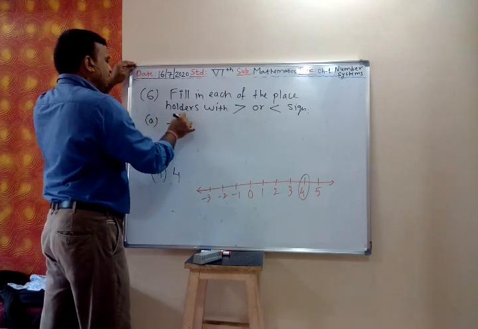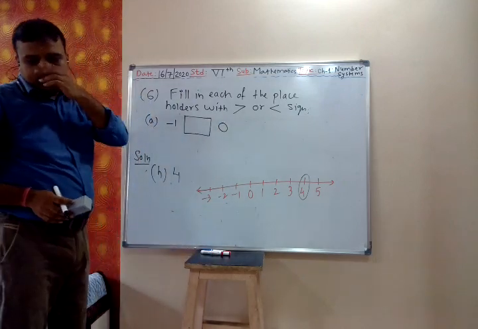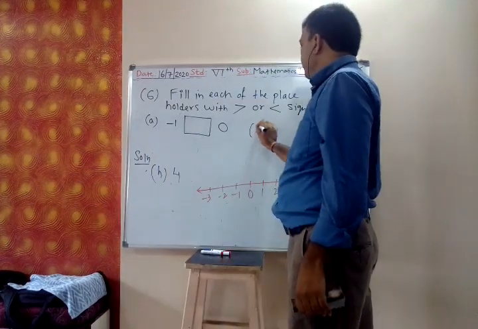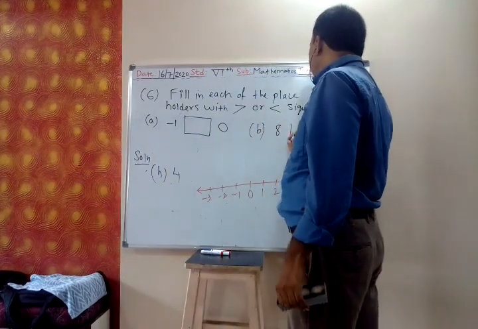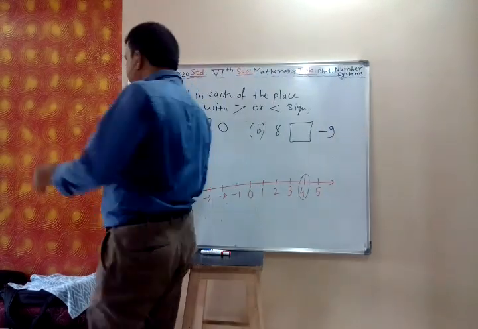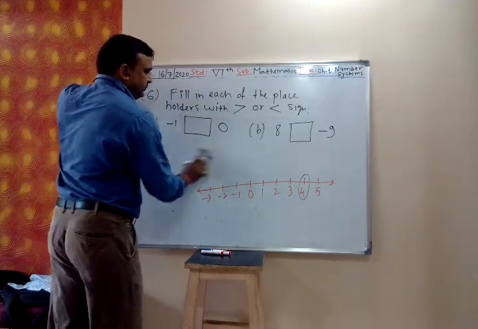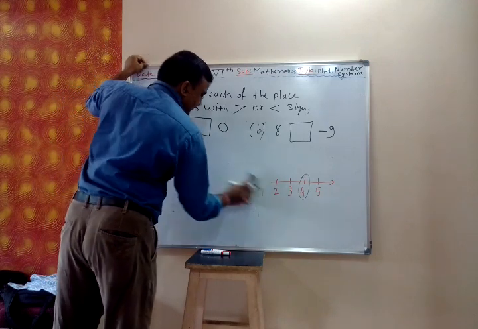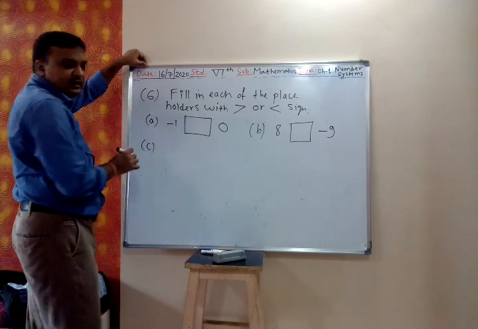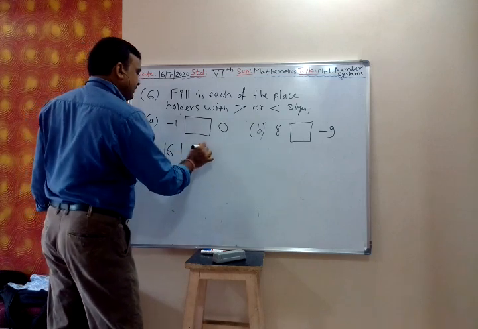Yes, -1. Then we are given 0. Then B part: 8 and -9. Let us discuss. Then C part: 16 and -10.